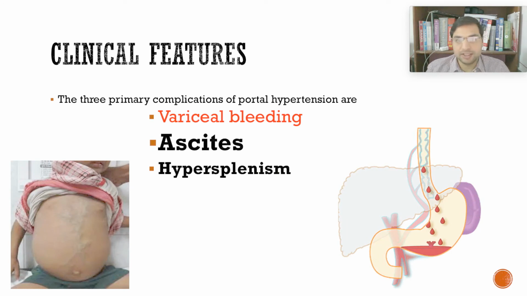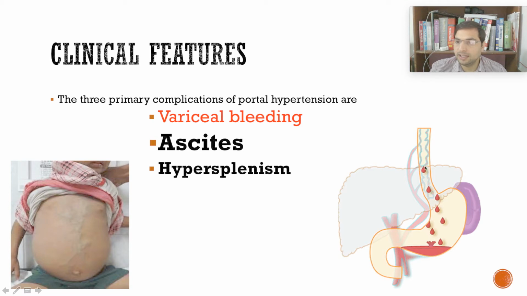Now, portal hypertension results in primarily three complications: variceal bleeding, ascites, and hypersplenism. We already know about the variceal bleeding, that the portal vein gives a branch called the gastric vein to the gastroesophageal junction, and whenever there is increased portal vein pressure, an increased hepatic portal venous gradient, portal hypertension is there, it will lead to the formation of varices, the swellings in the esophagus.